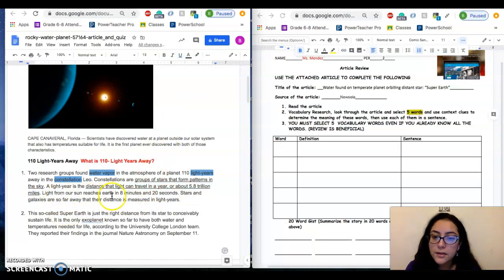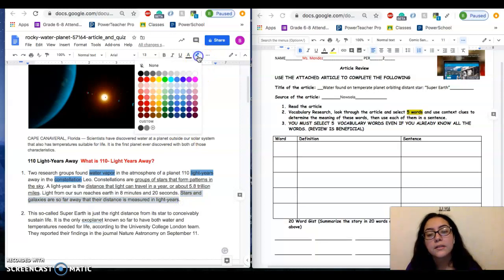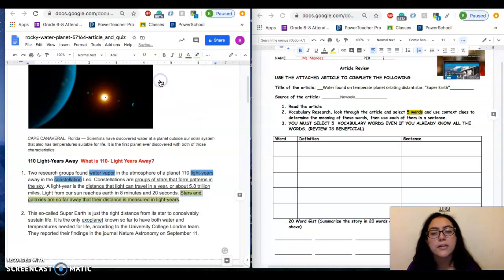Light from our sun reaches the Earth in 8 minutes and 20 seconds. And stars and galaxies are so far away that they are measured in light years. So now we know why the term light year is important, and what we use it for is to measure the distance from one star to a planet or any other location.